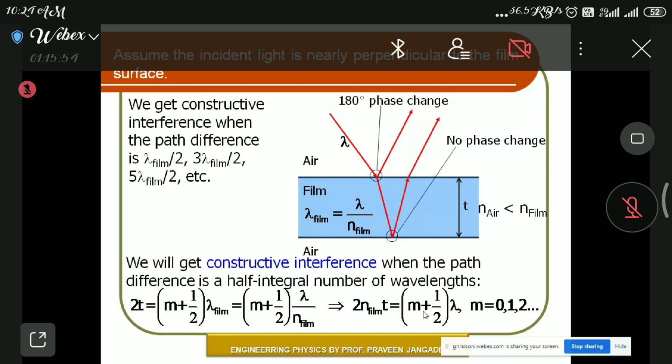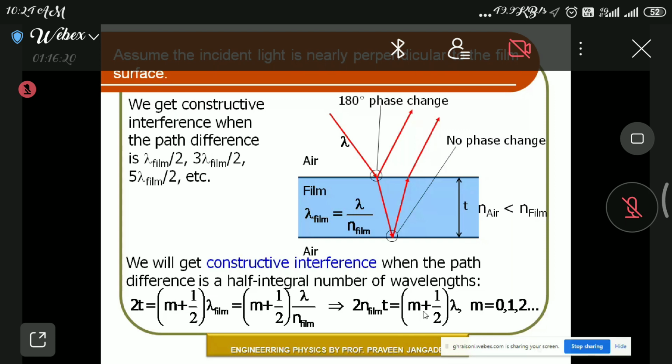Here the conditions that we are getting are exactly opposite to the conditions that you have studied in the 12th standard. As you studied in 12th, constructive interference is the integral multiple of the wavelength, but now that becomes the condition for destructive. And the condition for constructive interference becomes an odd integral multiple of half the wavelength.